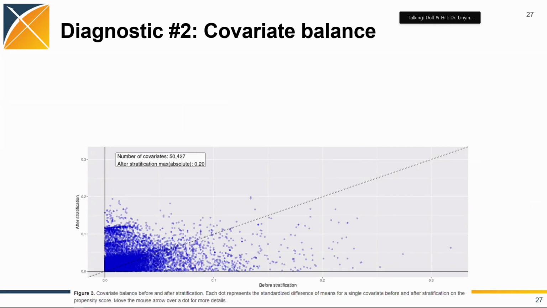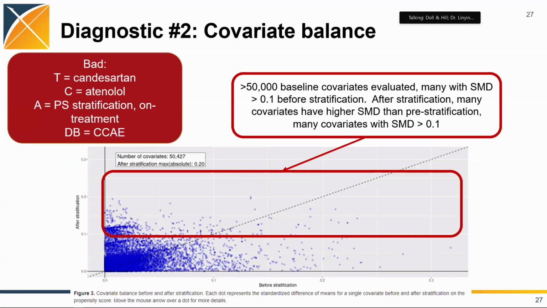No, right? Because now we see a lot of points that are mismatched. That indicates that even after propensity score matching, or after stratification, in this table we still have a lot of covariates that do not pass the balance check.